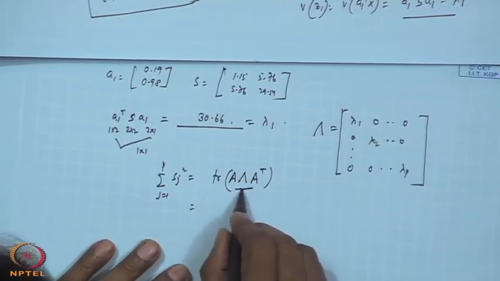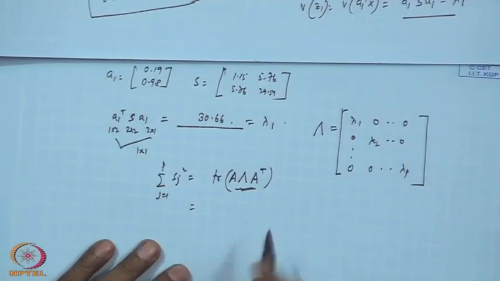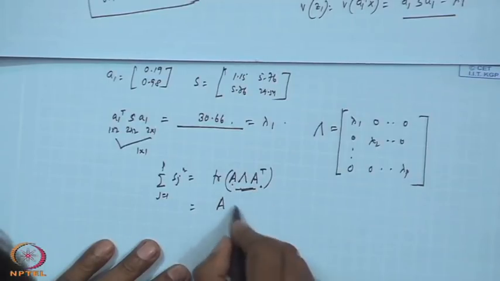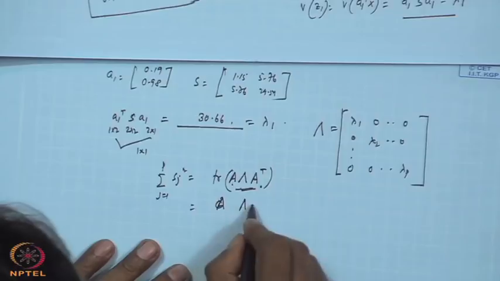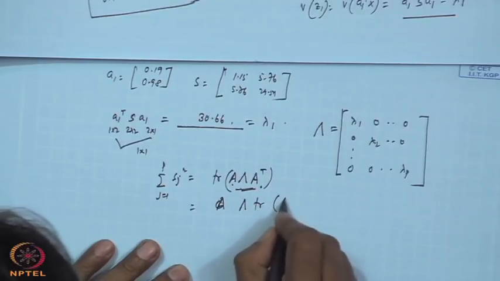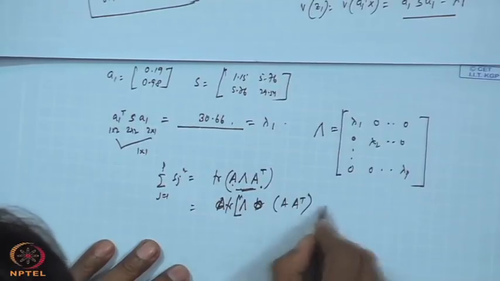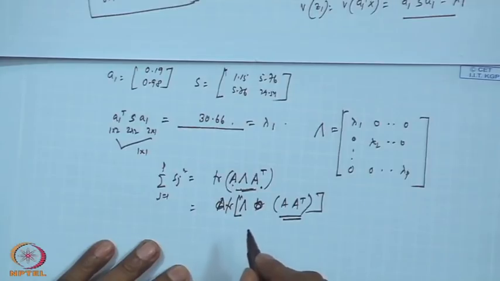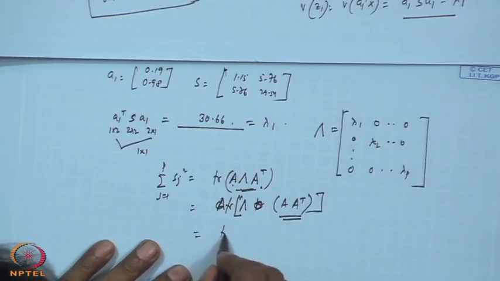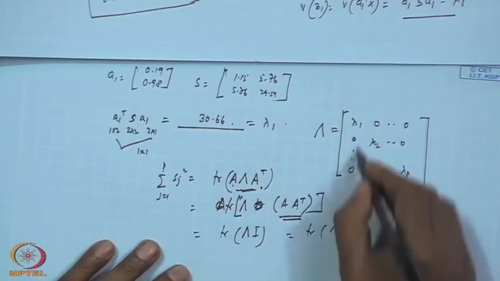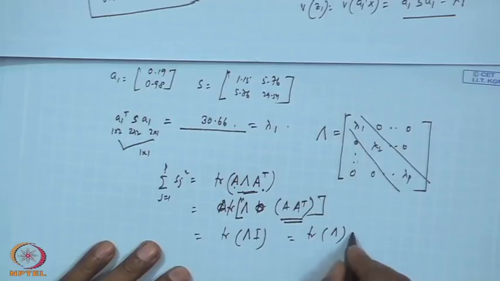Why I am using A, because we have started with this, and then lambda, this is the transformation matrix. So, it will be trace of A transpose A lambda. Now, A transpose A, this is orthogonal, I. So, trace of lambda into I, this will be trace of lambda, that means diagonal elements. So, sum total of j equal to 1 to p lambda j.